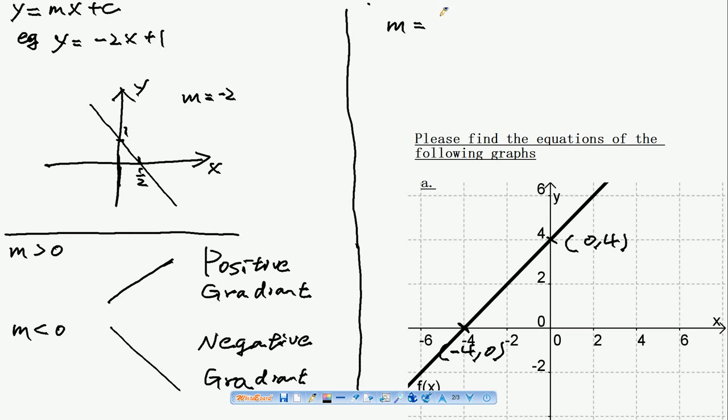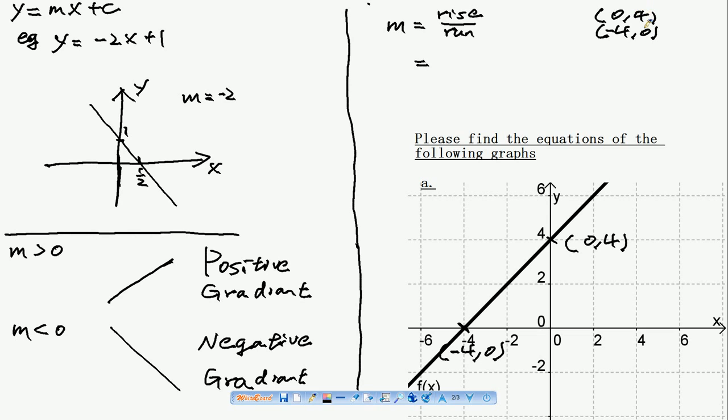m will be rise over run between these two coordinates, 0, 4 and minus 4, 0. From the coordinates, let's look at the y value. It's from 4 to 0.